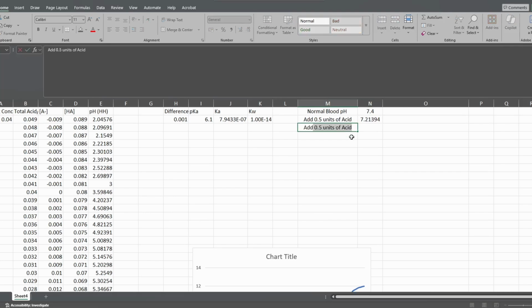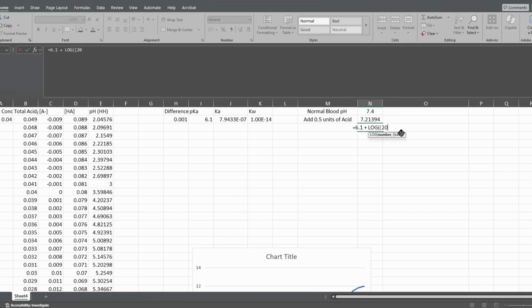Now if we add 0.5 unit of base, what will happen? Again 6.1 plus log, and now which fighting soldier will take part in this action? On the numerator we have the 20, which is the bicarbonate ion.